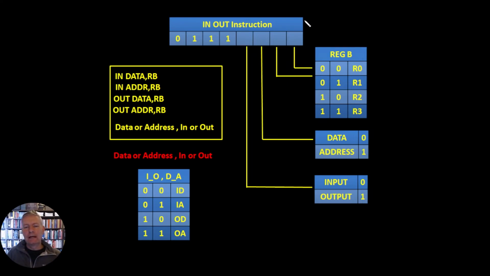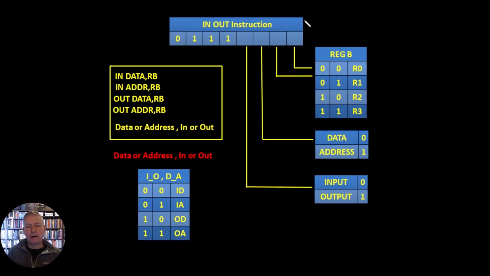Now, if we're going to get information from the outside world, we have to get it from somewhere. So let's say, for example, we could have an input device, and that input device would be, for example, a keyboard or a mouse. So the CPU is receiving information from these devices into the CPU. But with these devices, we would have to be able to distinguish one device from another.